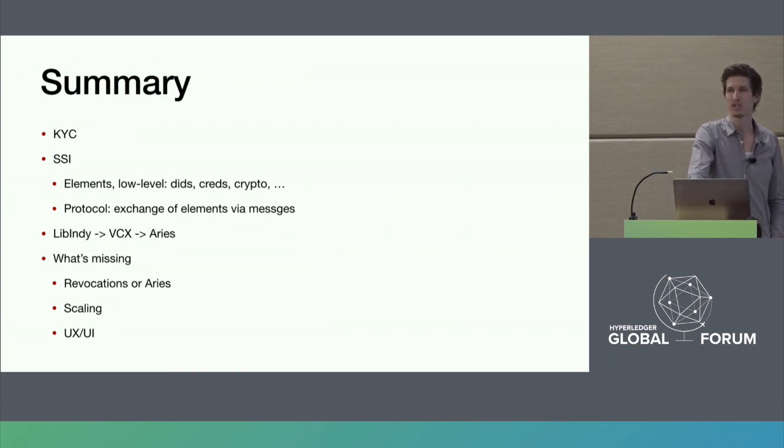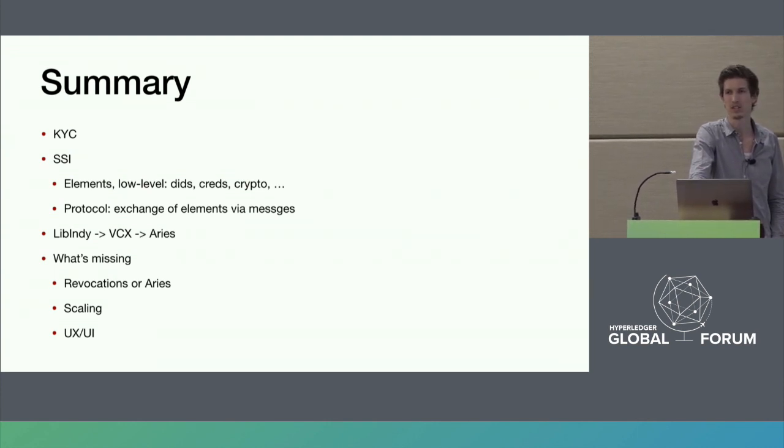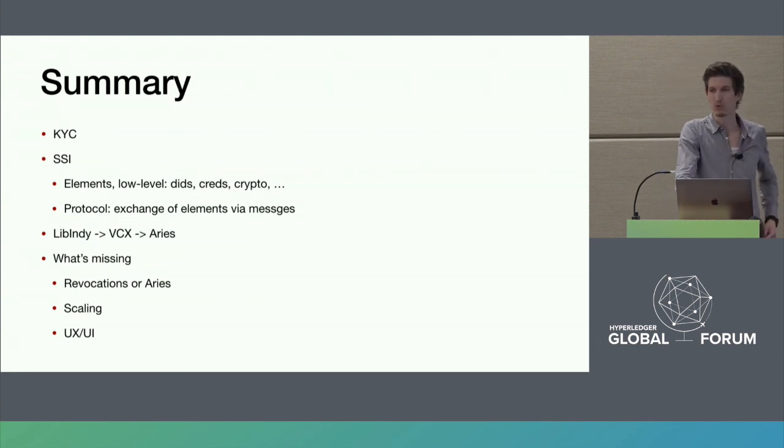But you also need some protocol for how to exchange these messages. So we started with Hyperledger Indy, and the protocol was just our own, sending HTTP requests. And then we moved to VCX, which provided us some protocol also on top of those lower level elements.